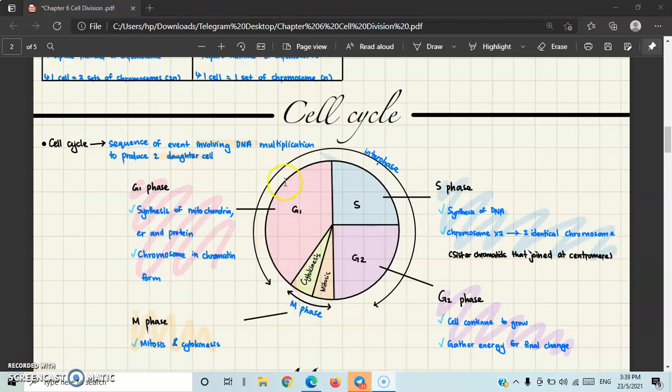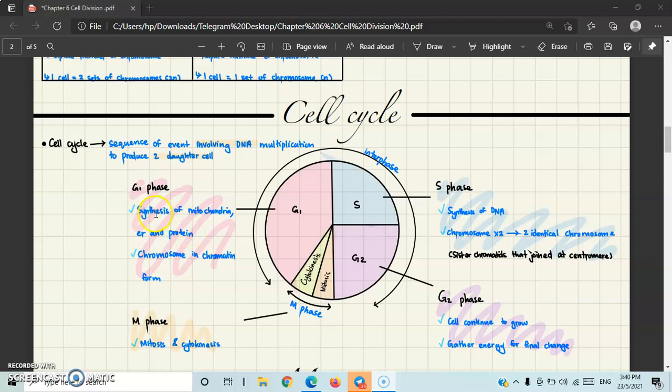In the interphase, there are three subphases. What are they? G1, S, and G2. So what happens in the G1 phase? Synthesis of mitochondria, ER, which refers to the endoplasmic reticulum, and proteins.